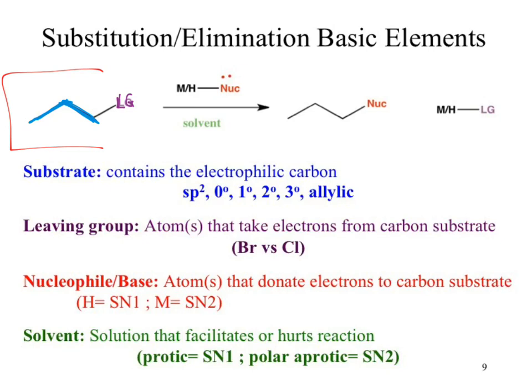The next thing that we see show up as a color code is the nucleophile. Officially, it's nucleophile or base. If it's a nucleophile, we have substitution. If it's a base, we have elimination.